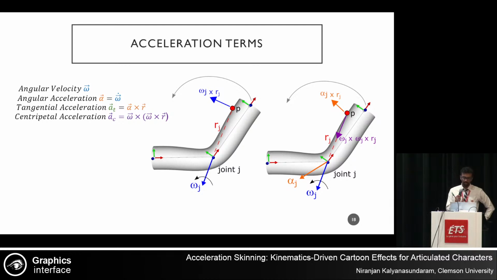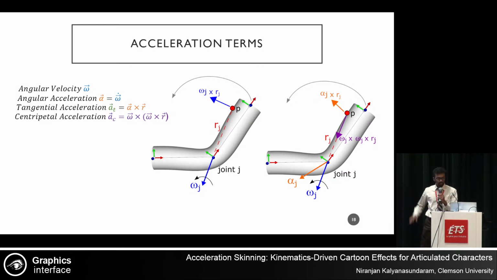We have omega is angular velocity. We have angular acceleration alpha. So when dealing with velocity, usually this is enough. When moving into acceleration, we're dealing with more terms, specifically when dealing with rotational motion. We have terms of centripetal and tangential acceleration.